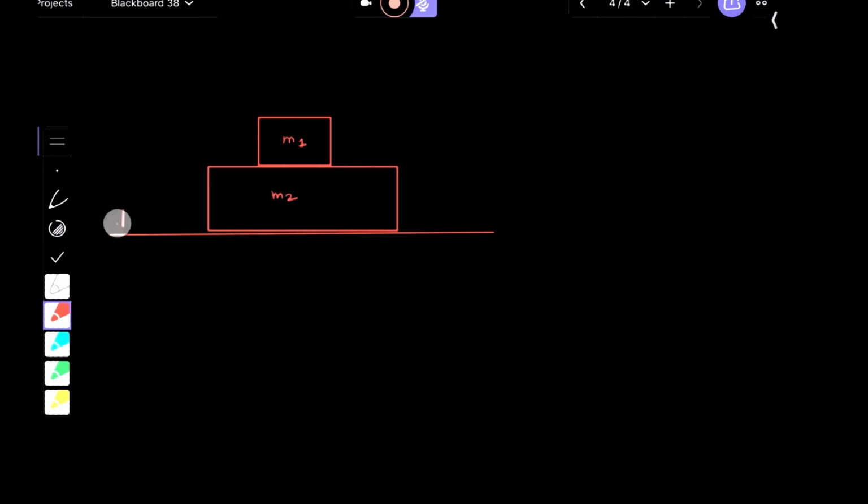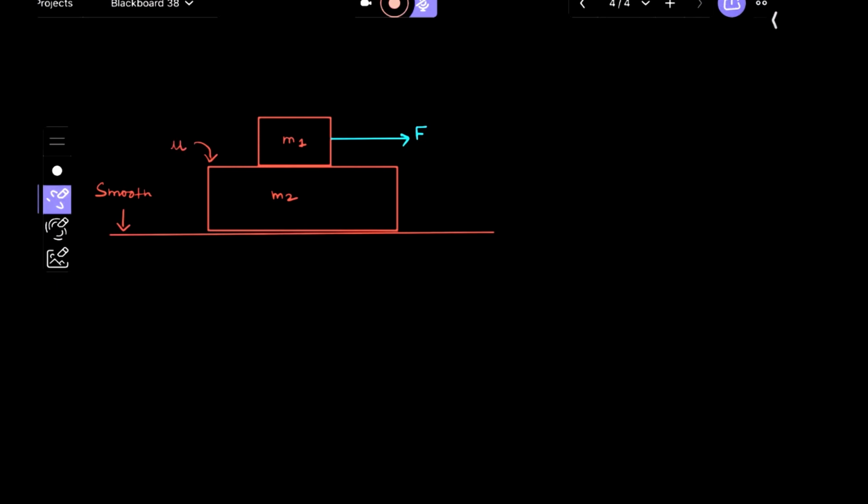Both of these are kept on a smooth horizontal surface. The surface between M1 and M2 is rough and has coefficient of friction mu. We are applying a force F on M1. Between M2 and the ground, it is smooth.